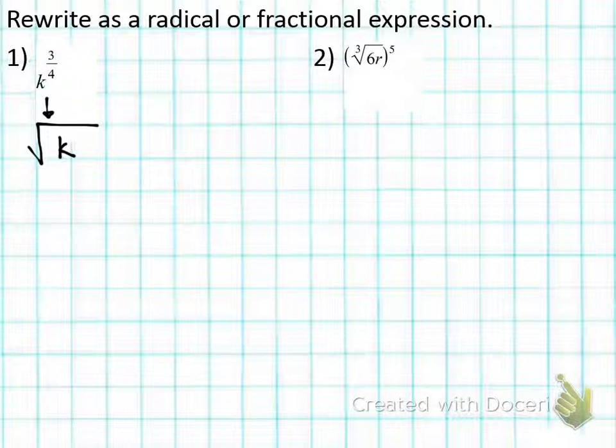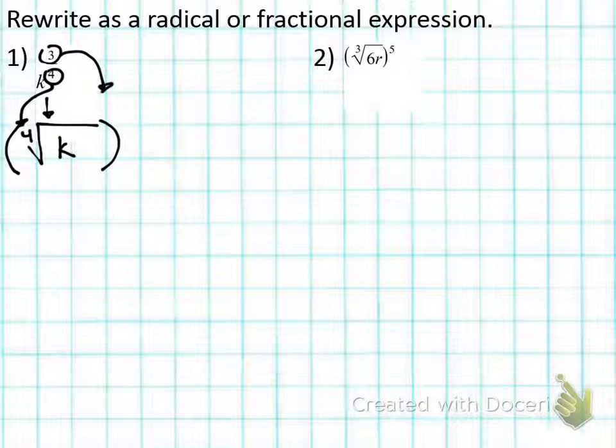The index will be the bottom number, so you put the 4 down here. Then you put parentheses around the whole thing, and you put the numerator as the new exponent at the top right here. That's it. So it's really like saying the 4th root of k all raised to the power of 3.